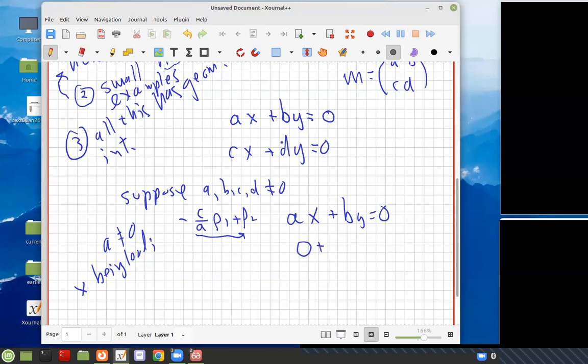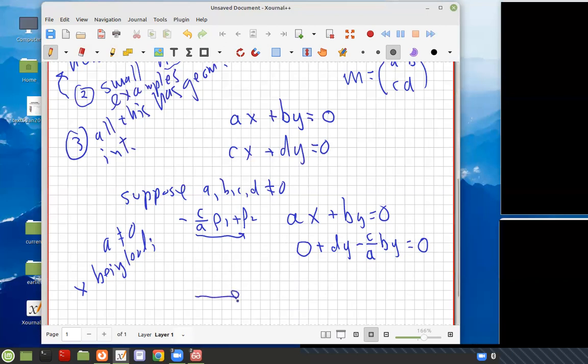And then here, this will be D y plus minus C over A times B, so it's minus C over A times B times y equals 0, okay? Because I've just taken minus C over A times row 1 and added it to row 2.